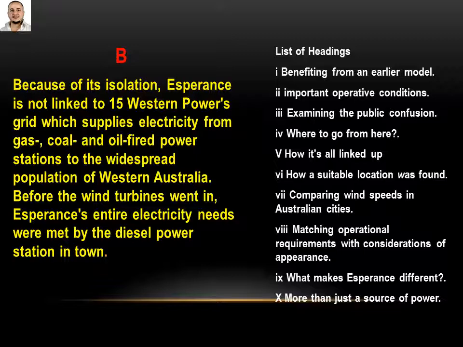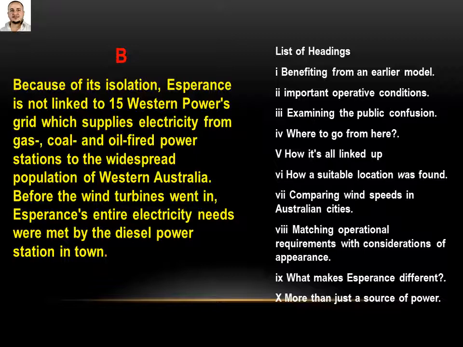Well, I see nothing here. Number 5, how it's all linked up. It doesn't talk about how they are linked or connected. I see nothing about that. Number 6, how a suitable location was found. It doesn't talk about any sites, any locations, any places.